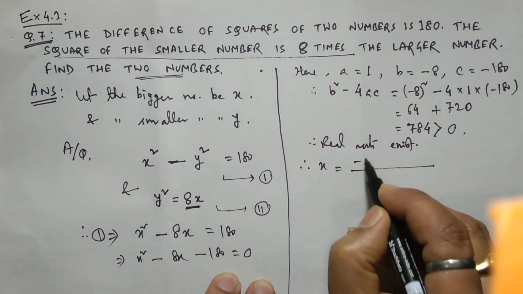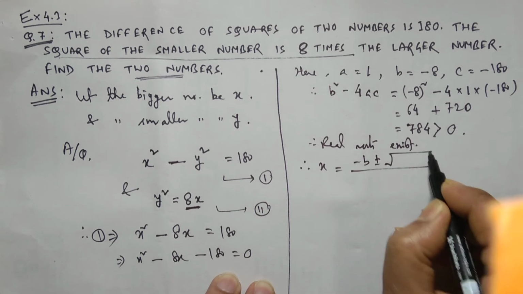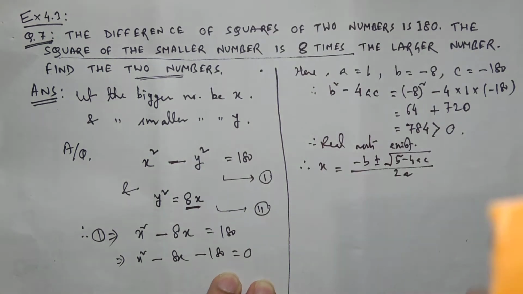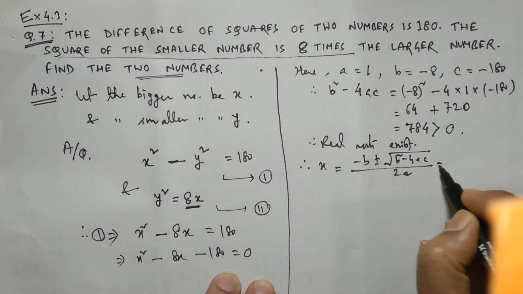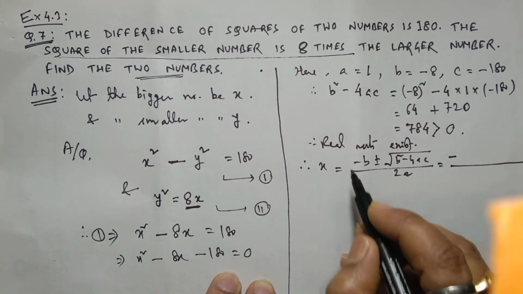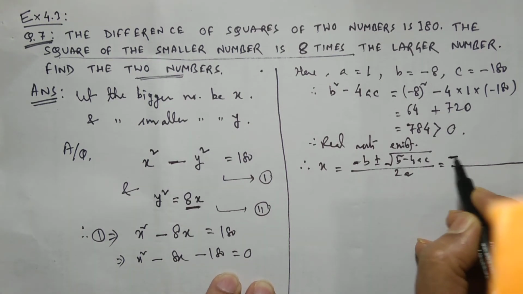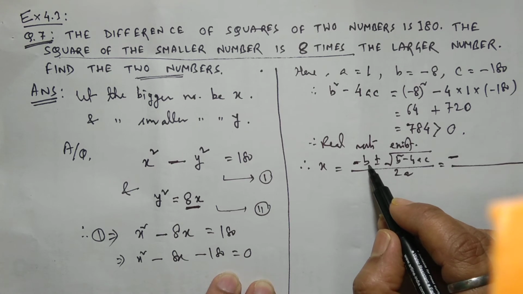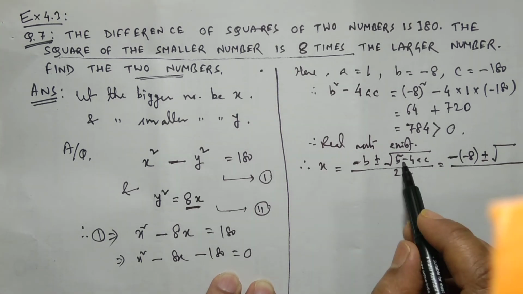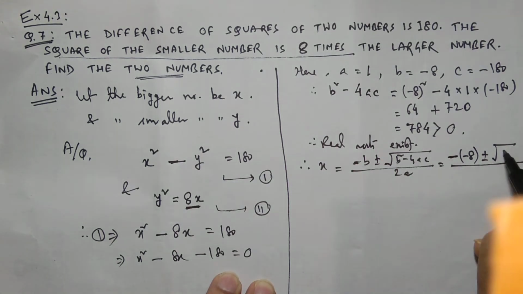x equal to minus b plus minus root over b square minus 4ac divided by twice a. So I'm doing here, this equals minus b, and b itself is minus 8, so plus 8, plus minus root over b square minus 4ac, already obtained, how much? 784.